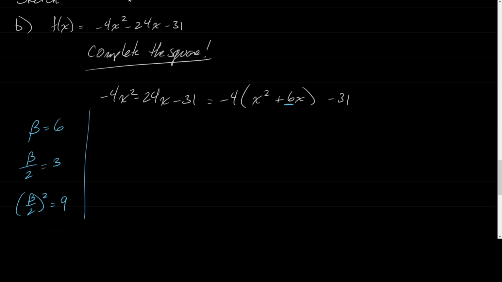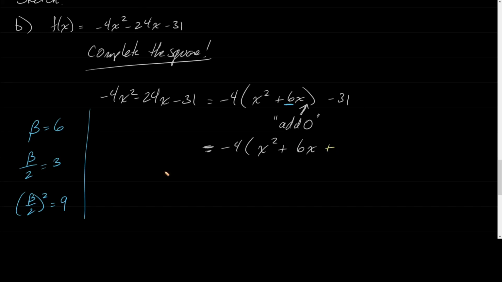And how are we going to manipulate it? Well, there's two things we can always do to any math problem. Those are multiply by 1, and the other thing is add 0. So what we're going to do is add 0 here. What do I mean by that? Well, we have y equals negative 4 times x squared plus 6x, and here's where I add 0.